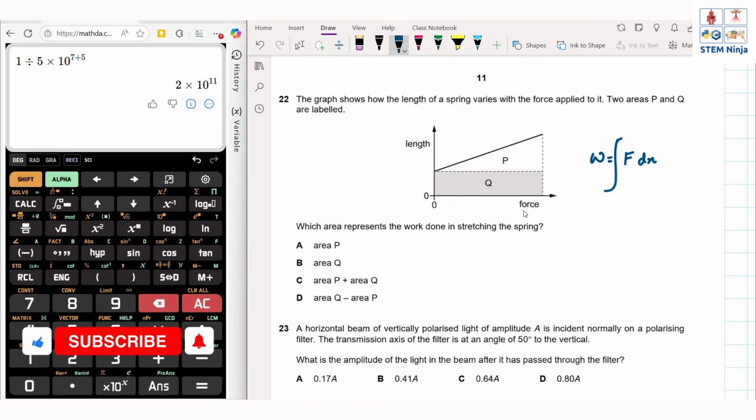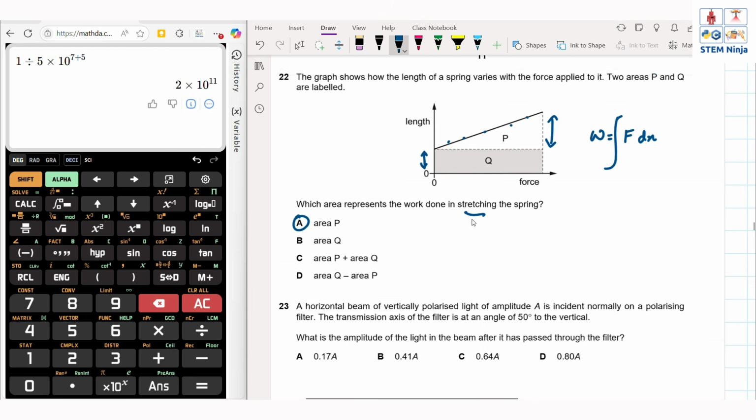However, over here the force is not constant. The work done we are considering has to come from the area where the length is changing. In this part, length is not changing. Length is only changing in the P part. So we need to use the relationship between force and change in length only in that part where the deformation, the stretching, is happening. So it's only area P.